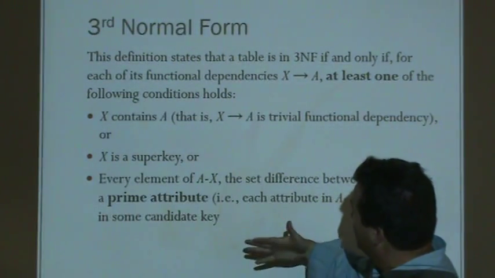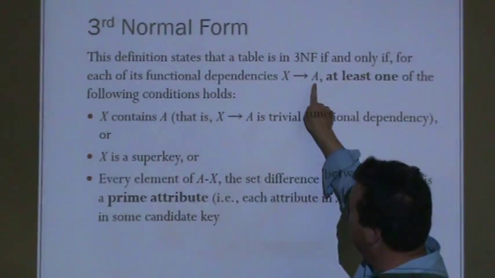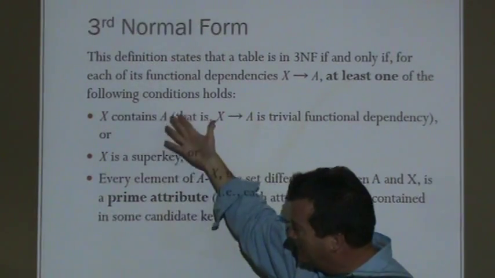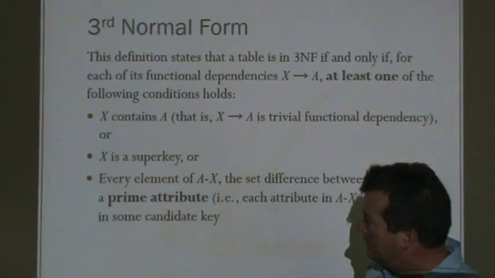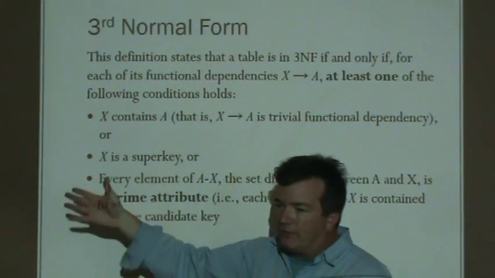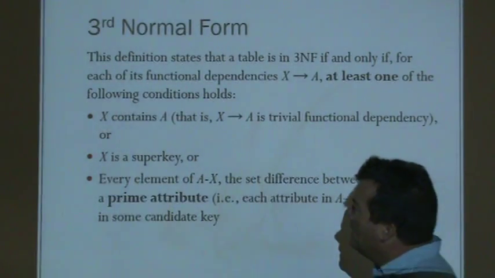So you're in the third normal form if a functional dependency gives you a set of values, if x contains a, that's the trivial version, or x is a superkey to the relation, meaning x tells you everything, not just some things.